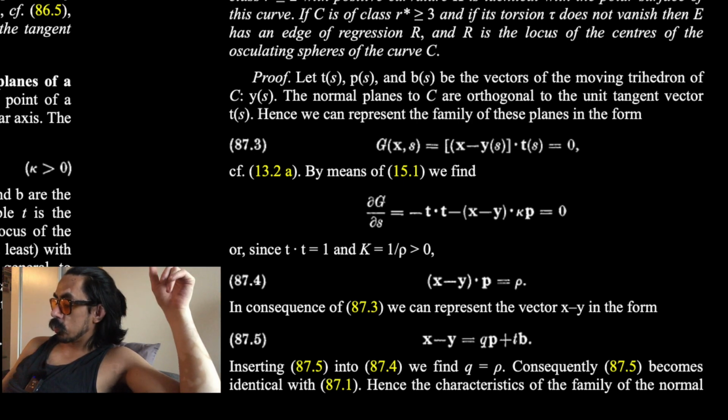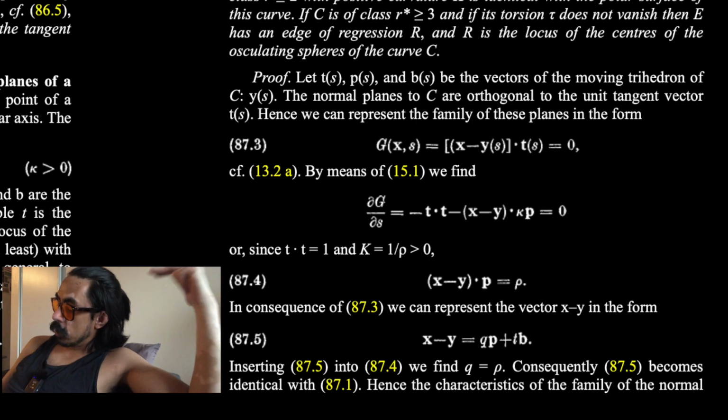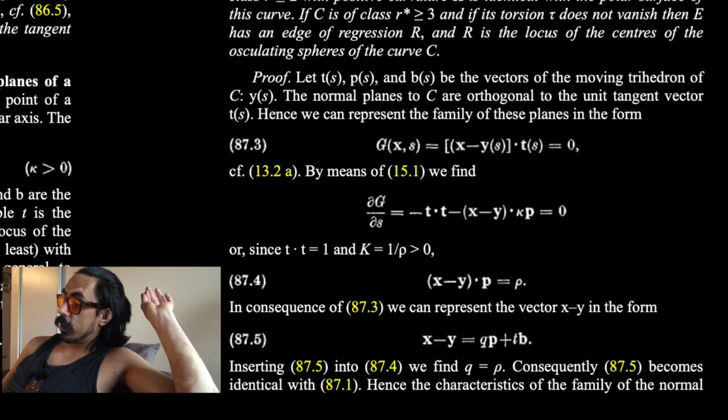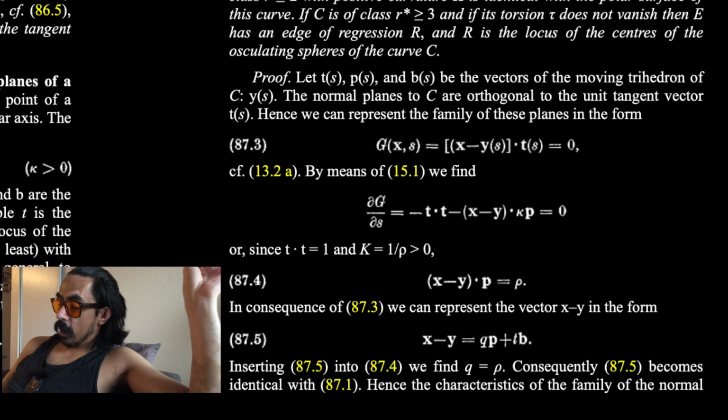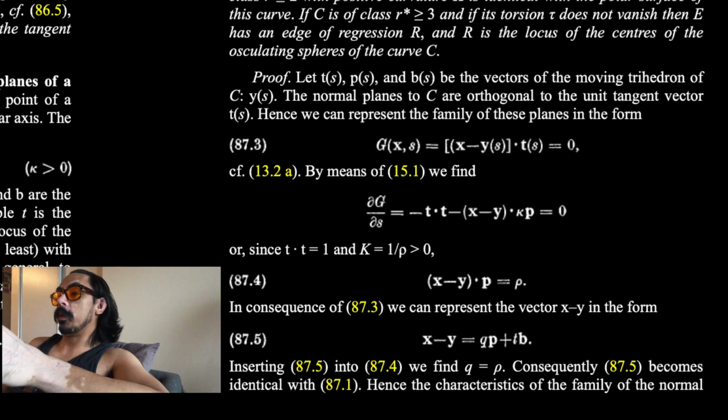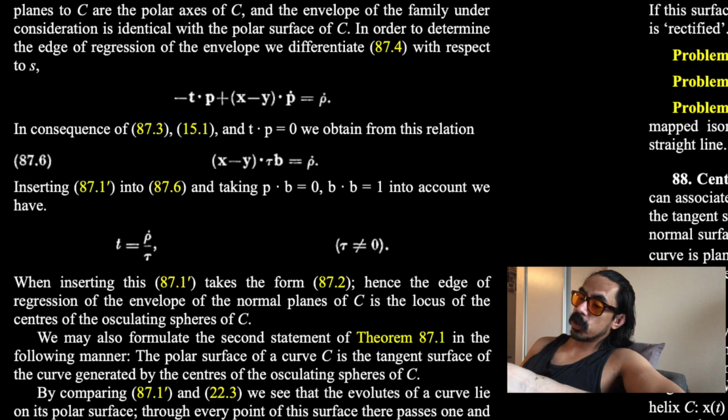Consequently, what I just read, where we have x minus y equals q times vector p plus t times vector b, becomes identical with the representation of a polar axis from the beginning of the section. Hence, the characteristics of the family of the normal planes to the curve capital C are the polar axes of that curve, and the envelope of the family under consideration is identical with the polar surface of that curve.